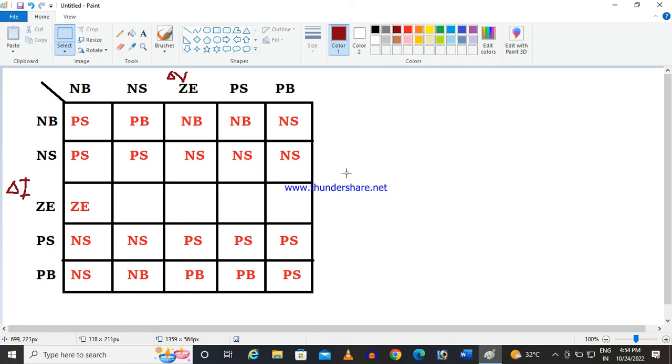And each variable contains 5 membership functions: negative big, negative small, zero, positive small, and positive big. So now we need to define the membership function.